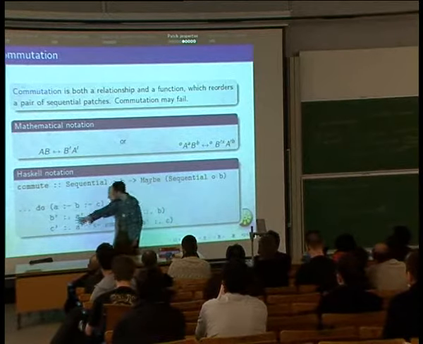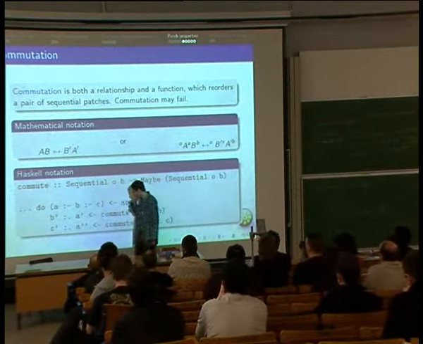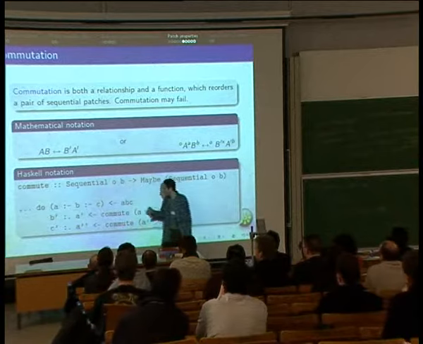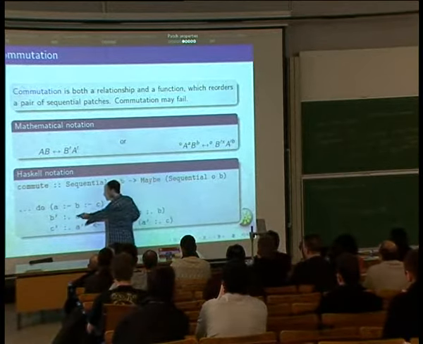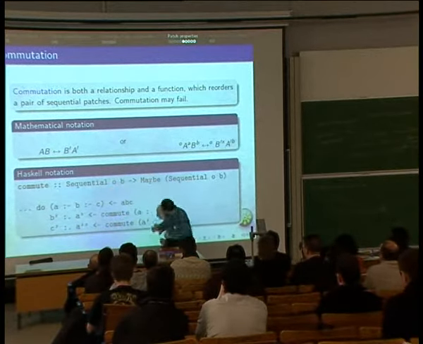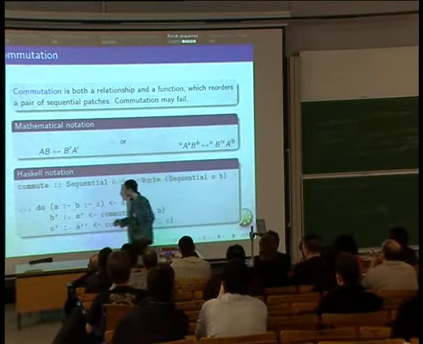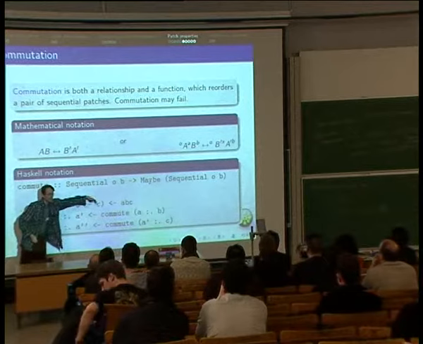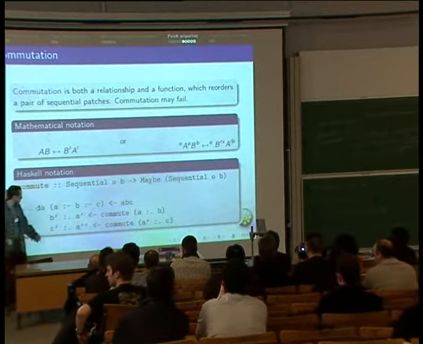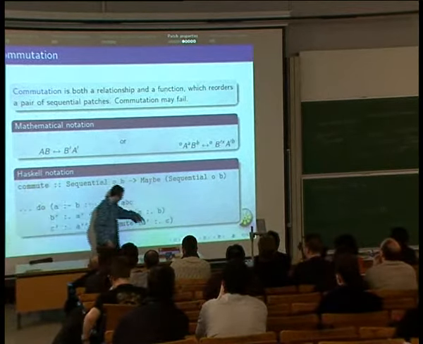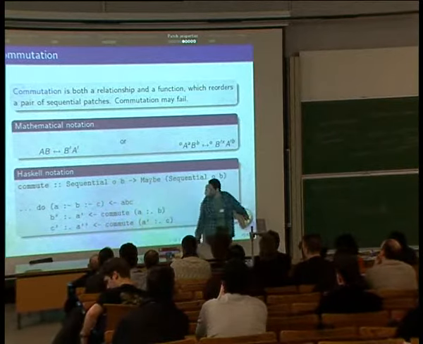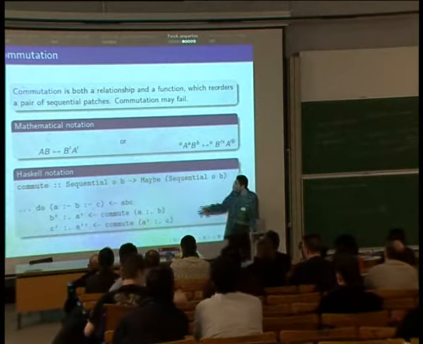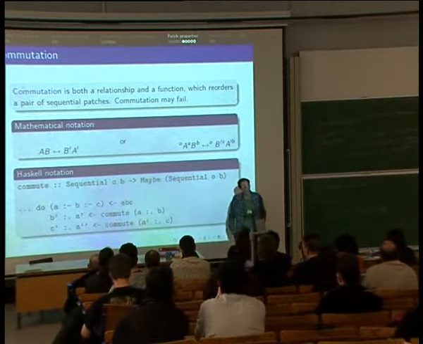That gives you a pair of patches B prime and A prime. And now, because A prime is the commute of this sequence, A prime now is in sequence with C. So we can now commute A prime with C and check that it commutes properly.